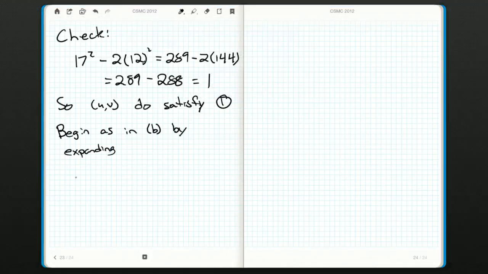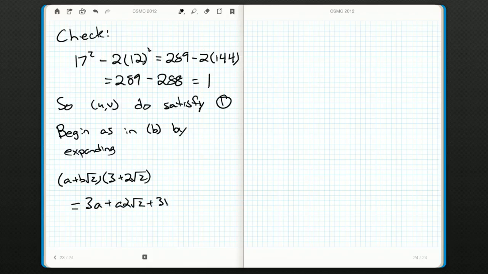So we have a plus b root 2 times 3 plus 2 root 2. So we can use our favorite FOIL technique, and we can get 3a plus 2a root 2 plus 3b root 2 plus b root 2 times 2 root 2. So that's 3a plus 2a root 2.